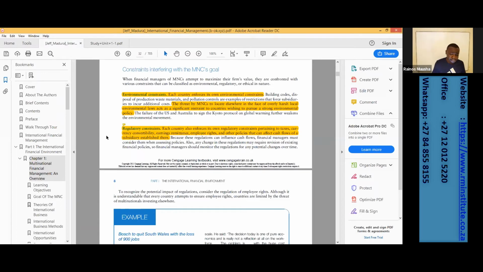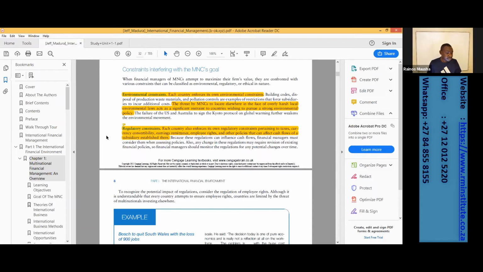Because remember, in most cases, the reason they would be worried about regulatory constraints, like the remittance of profits, is mainly because the parent company would have spent money to invest in the subsidiary, with the hope of getting that money back so that they can keep their own operations going and keep themselves afloat.